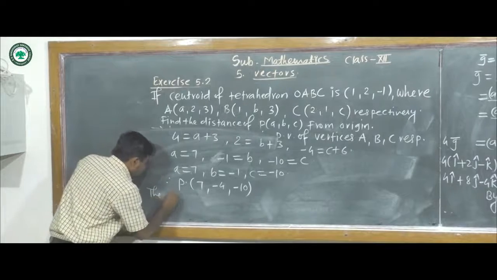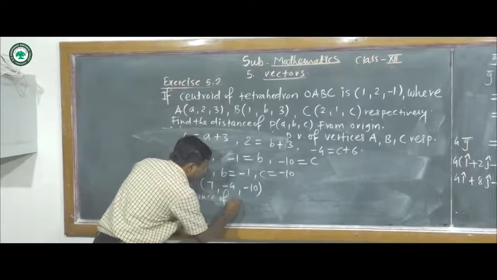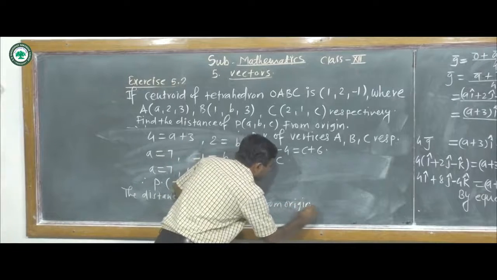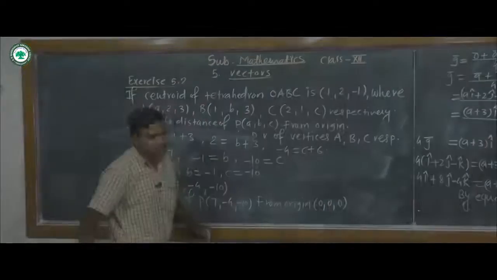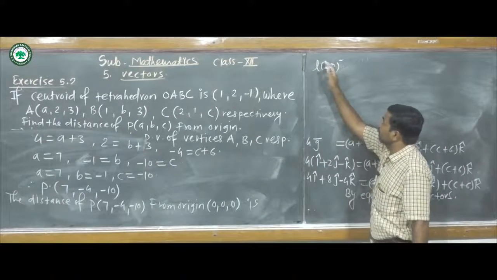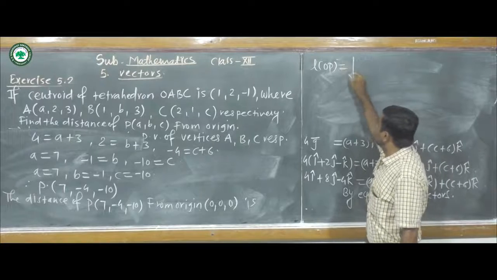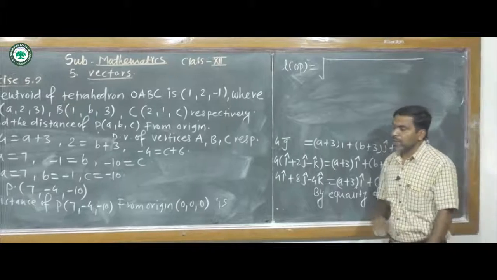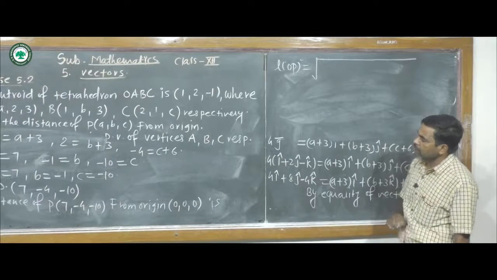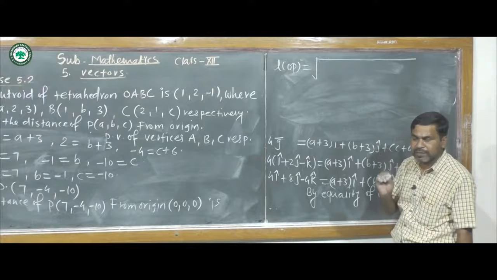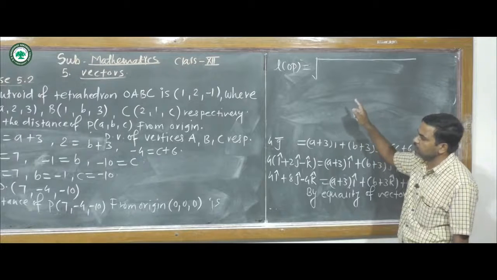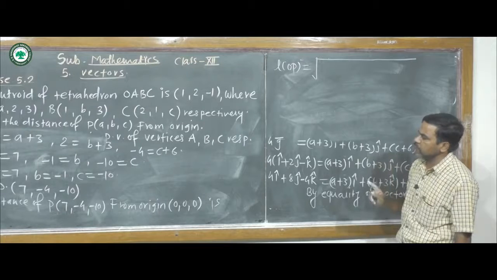The distance of P 7, minus 4, minus 10 from origin 0, 0, 0 is length of OP, and it is equal to square root of, we know the distance formula for the distance between any 2 points in space. If A x1 y1 and B x2 y2 are any 2 points in space, then the distance between these 2 points is given by the formula square root of x2 minus x1 bracket square plus y2 minus y1 bracket square plus z2 minus z1 bracket square.